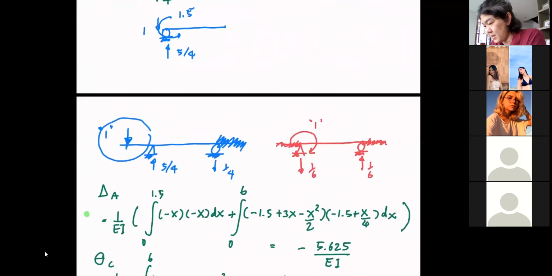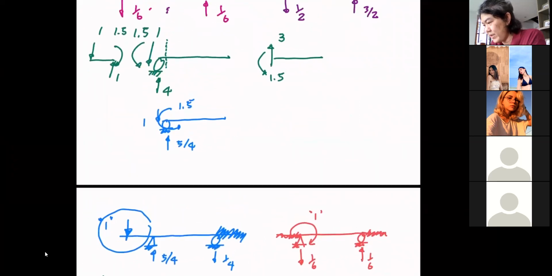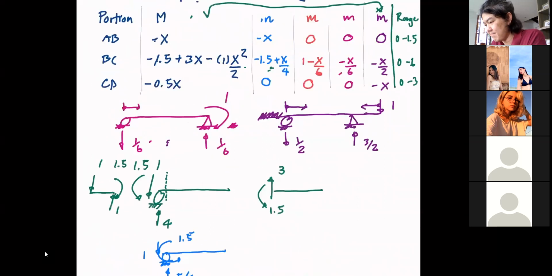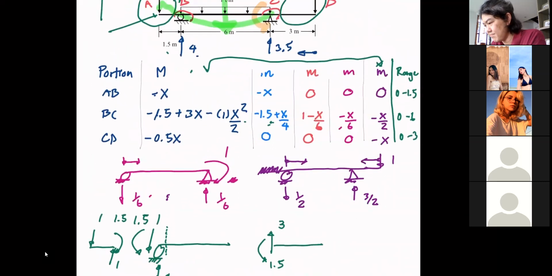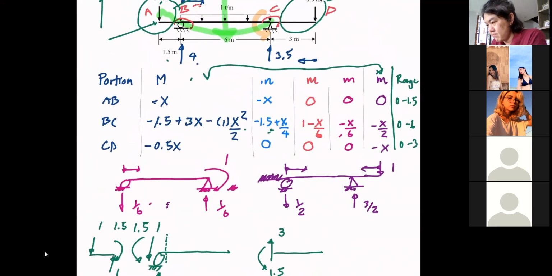And of course, we apply the downward unit load here, but the value is negative. It means that this portion also goes up like that because the load in the middle is so heavy. Okay.